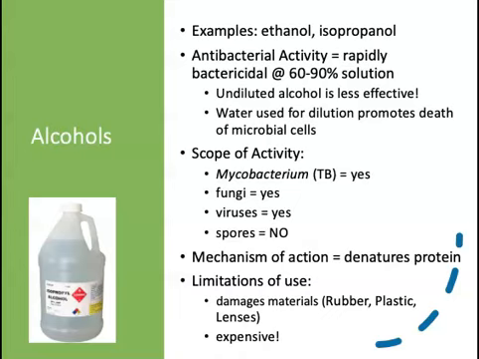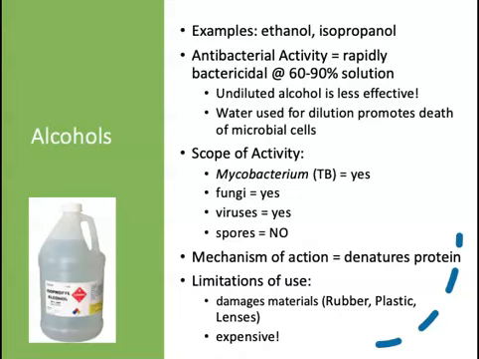But you may also remember that they have to be diluted a little bit to be most effective. We use alcohols at a 60 to 90% solution. In most of the laboratories where I've worked, we use 70% alcohol as the primary disinfectant in the laboratory.